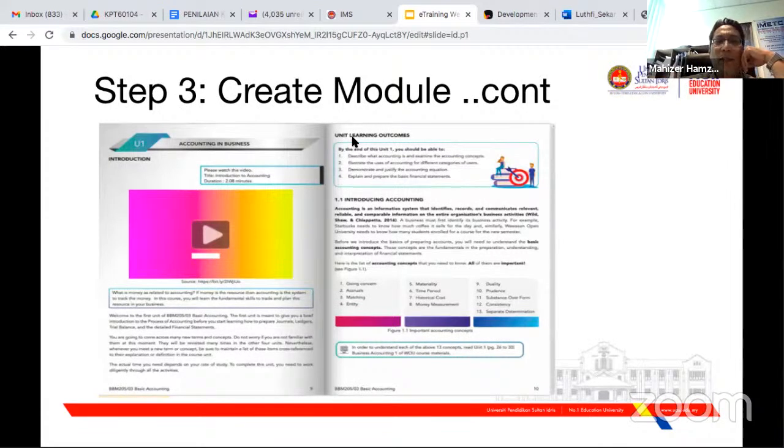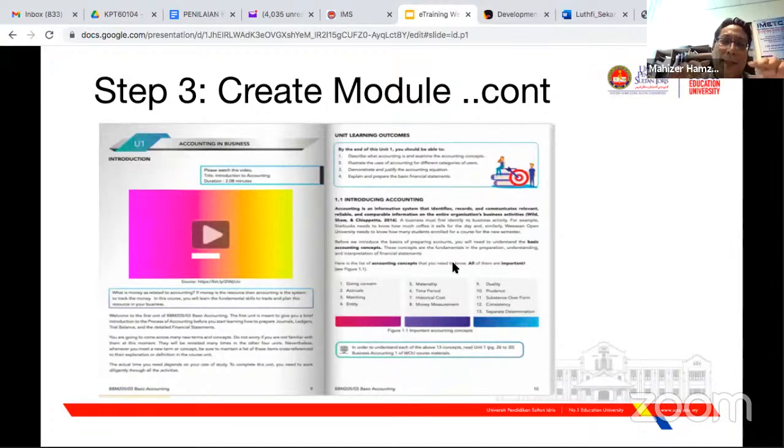And then here you also have the unit learning outcome, because this is a unit. In every unit they have the unit learning outcome and then the introduction. These are the topics, the content of the unit. They start by studying the introduction, and then the next topic, and so on. That's why I mentioned just now that you should know how to do task analysis, so that you can identify the specific topics.